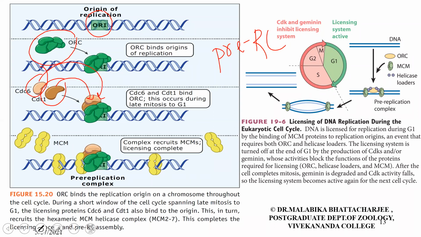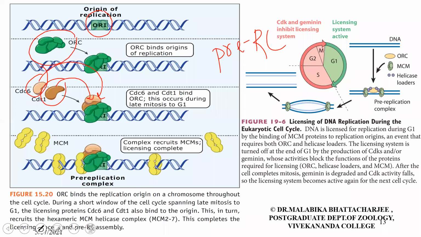Once this has also been completed, this usually occurs during late mitosis to early G1. This is important. So this is the loading of the origin recognition complex to the DNA.